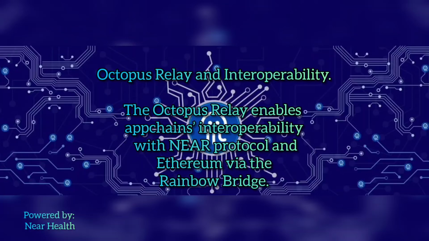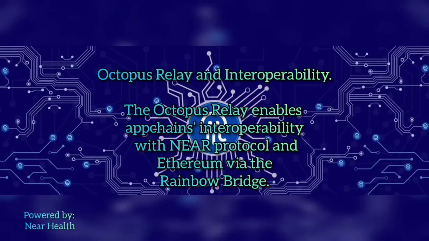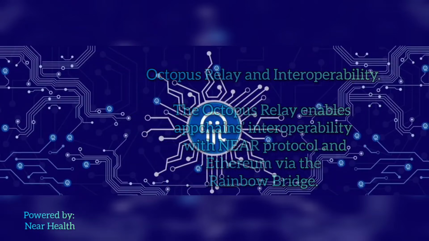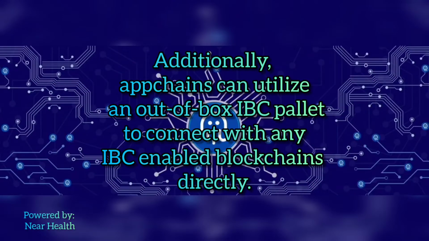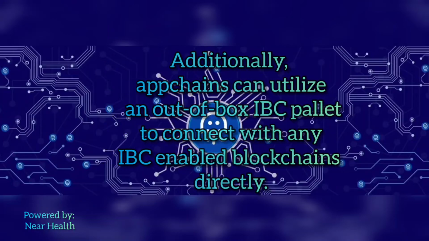Octopus Relay and interoperability. The Octopus Relay enables Appchains interoperability with Near protocol and Ethereum via the Rainbow Bridge. Additionally, Appchains can utilize an out-of-box IBC palette to connect with any IBC-enabled blockchains directly.